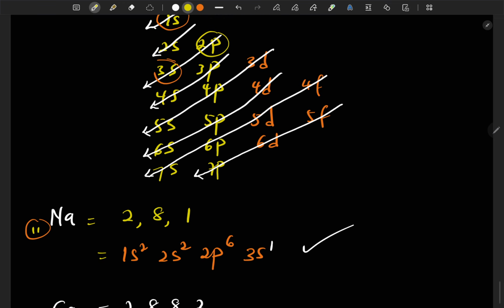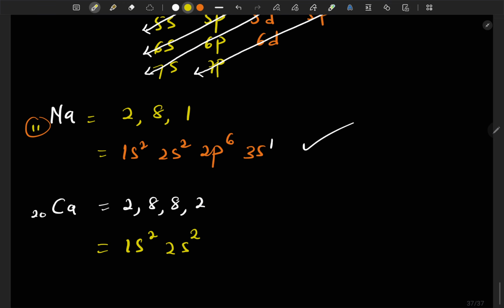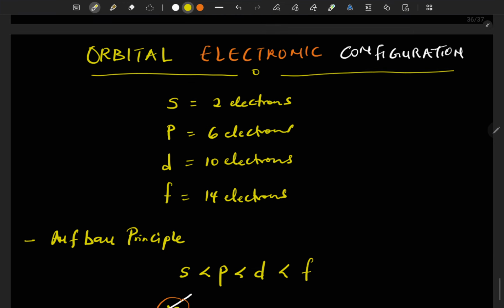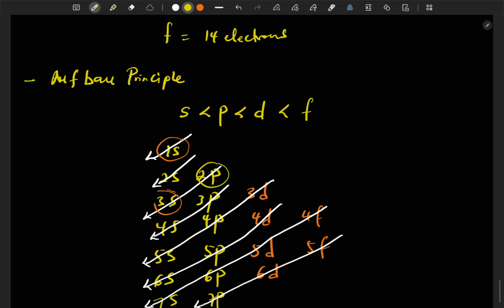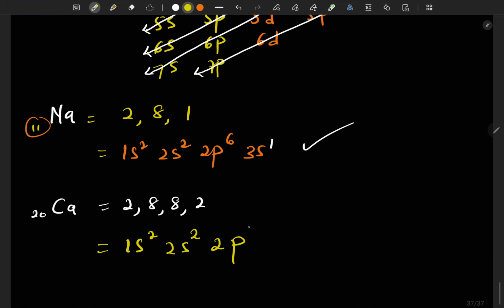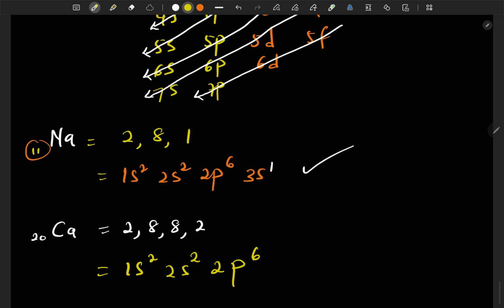Following the arrow, the next one is 2p. We can put 6 electrons into this 2p. Now we have 2 plus 2 is 4, 4 plus 6 is 10. We are going to 20, and we have 10, so we can keep filling.